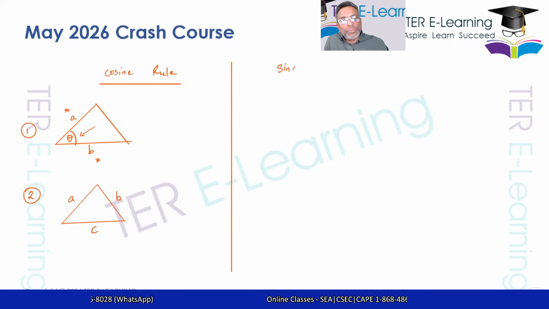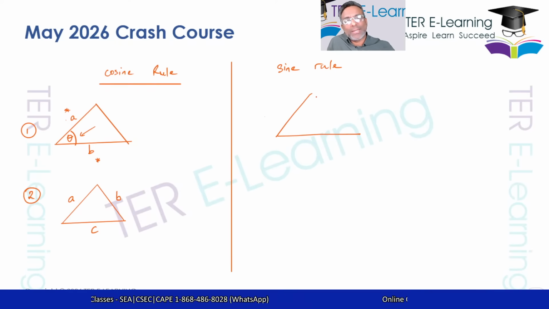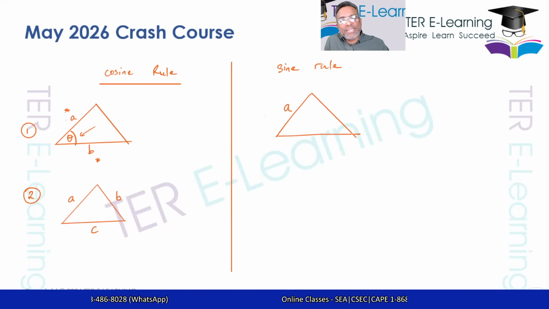The sine rule though works like this. There are two conditions under which I use the sine rule. To use the sine rule, I basically need two angles and two sides. Let's call this angle A, and let's say I had this side B here.